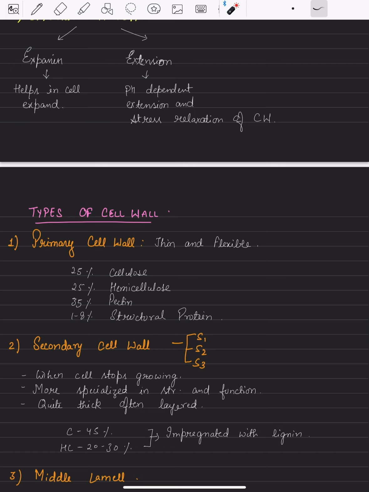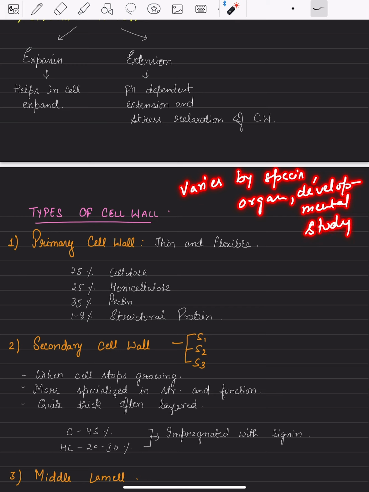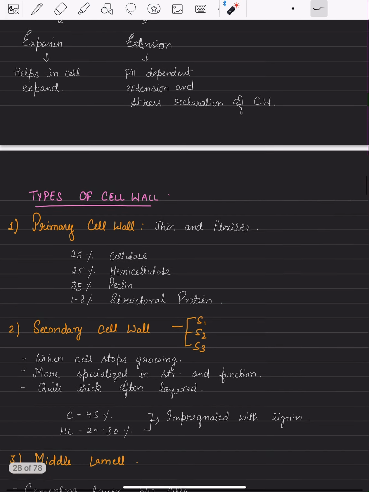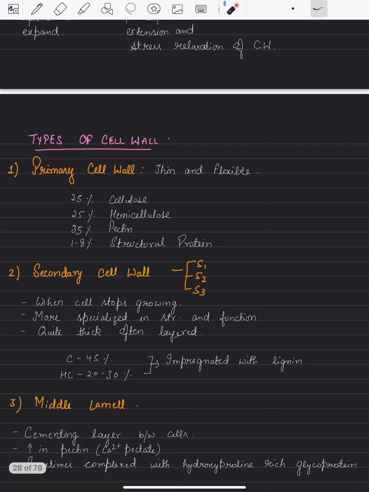Wall composition varies by species, as well as organ, in which organ we are talking of, as well as which developmental stages we are studying or looking for. So on these criteria, the cell wall types vary.